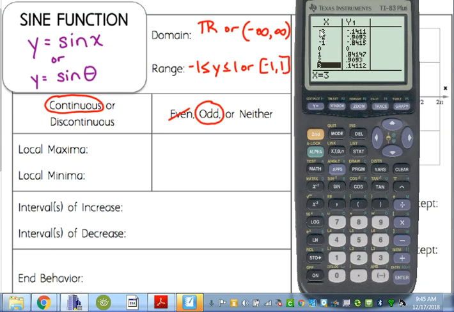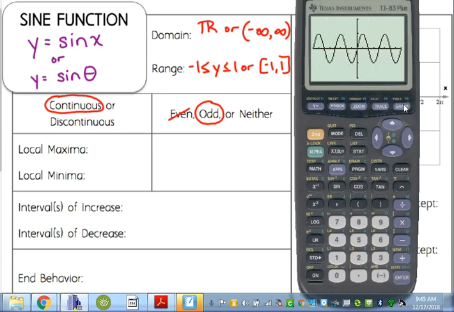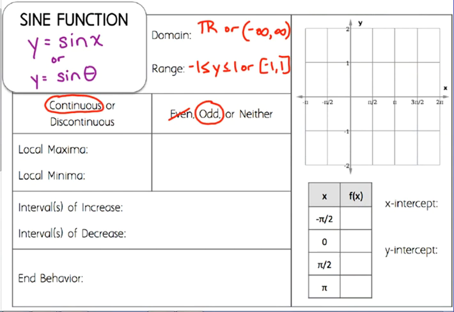So opposite x values, +3 and -3, have opposite y values, +0.1411 and -0.1411. That's odd. If it was even, they would have the same y values. We'll see that here in a minute. Neither would be if it didn't have either of those symmetries, if it didn't have those opposite y values or the same y values. So sine is what we consider an odd function.